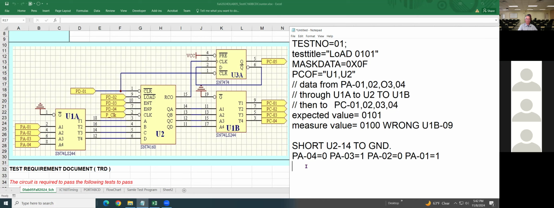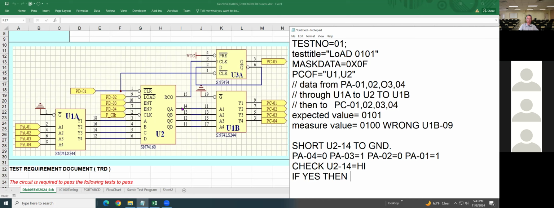So, first thing, I check U2 pin 14. U2 pin 14 supposed to be high. Right? Okay. If yes, then what? What do you want to do?